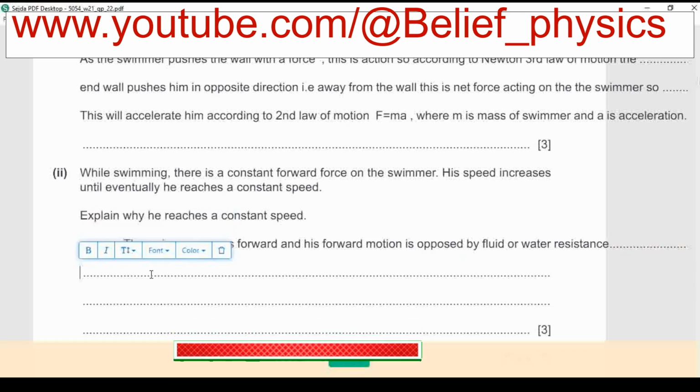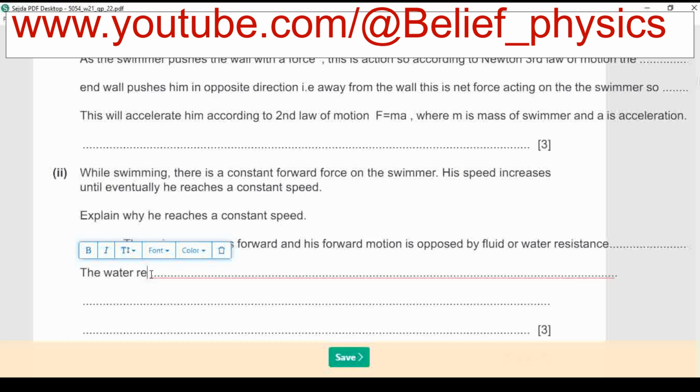Now the water resistance increases with increase in speed of the swimmer, and eventually it reaches a maximum value.